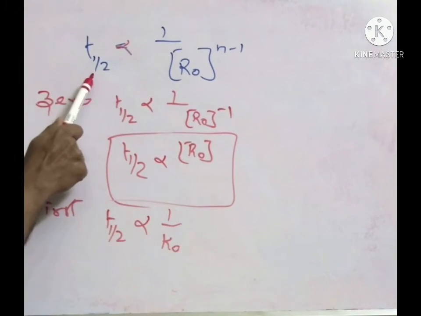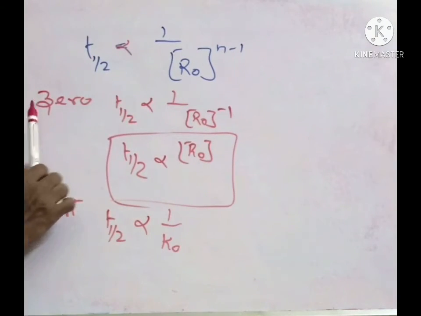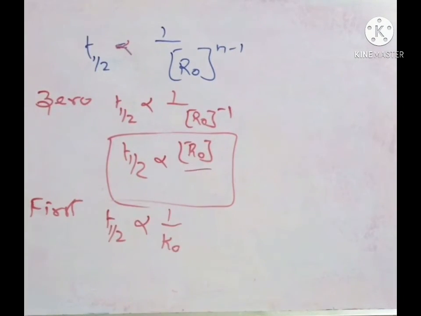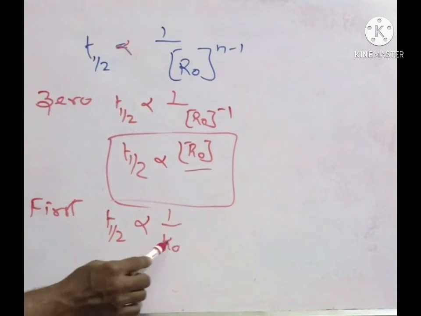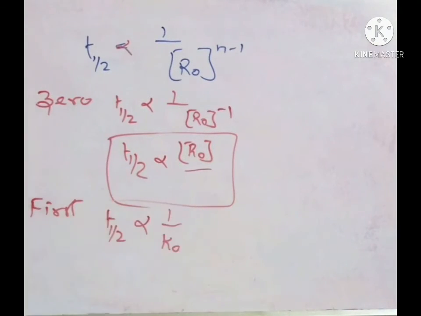You see how T1/2 depends upon the initial concentration. In a zero order reaction, it is directly proportional to the initial concentration of the reactant. In the first order reaction, it doesn't depend upon the initial concentration of the reactant. This is the important point we need to identify here.